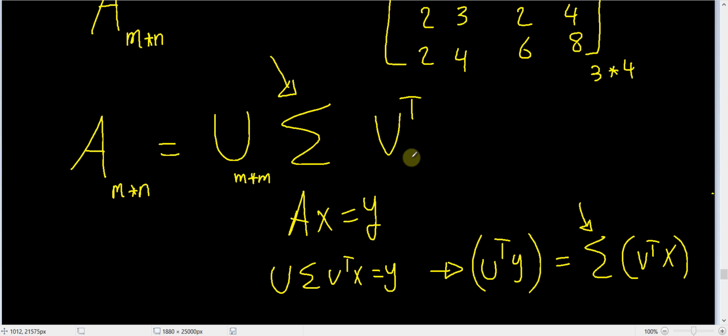I also need this to be a square matrix, so it will be n by n. And so this matrix sigma must be an m by n matrix, so it must have the same dimensions as the matrix A right here.